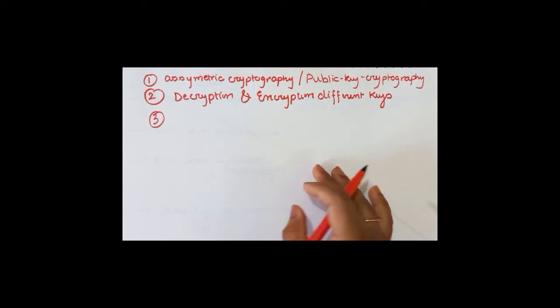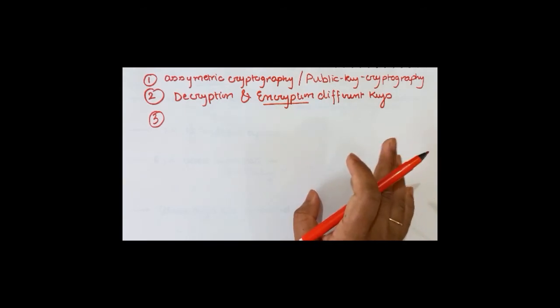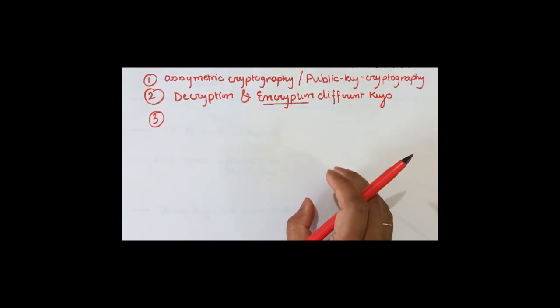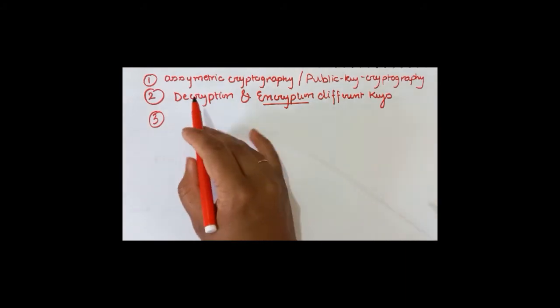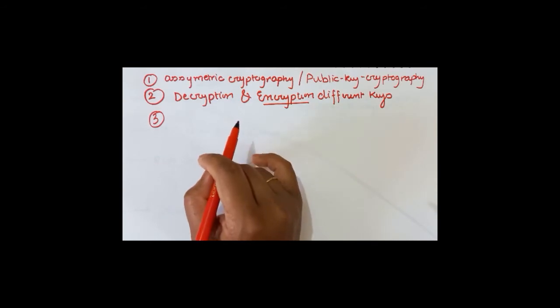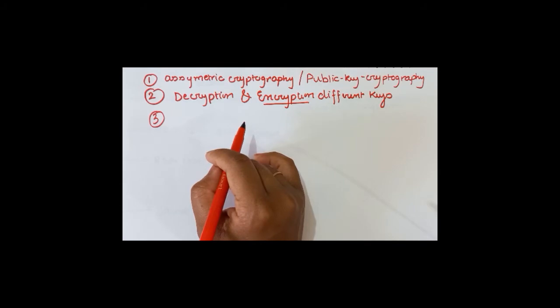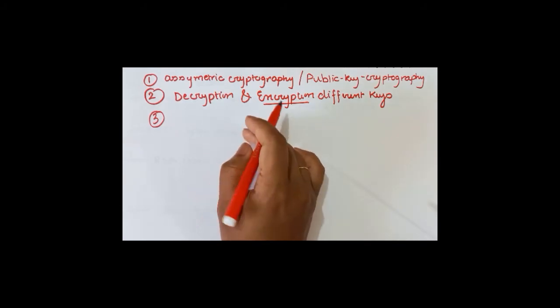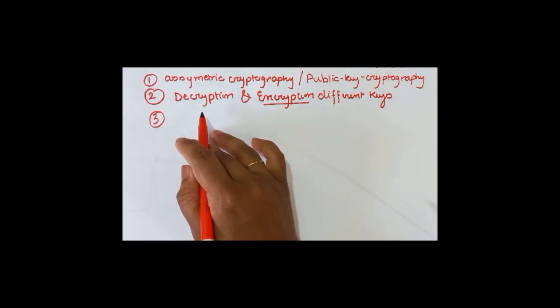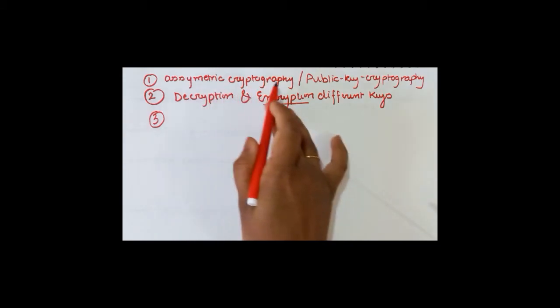If you know the encryption algorithm, and someone knows the encryption key, even then that person will not be able to determine the decryption key. Even if the attacker knows the encryption algorithm along with the key used for encryption, it is computationally infeasible to determine the decryption key. That is the strength of asymmetric cryptography.